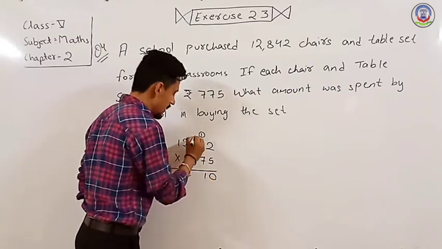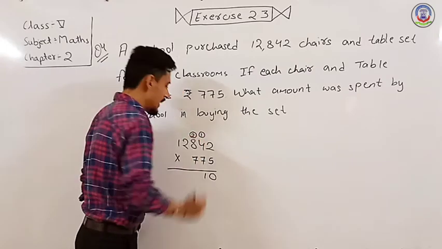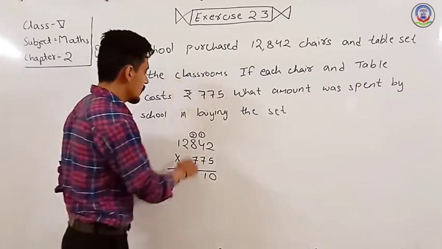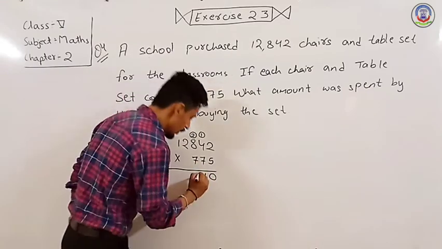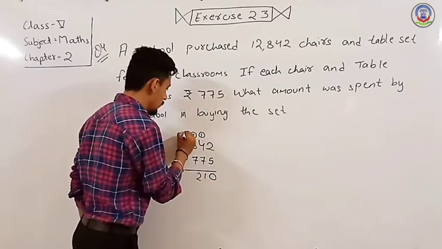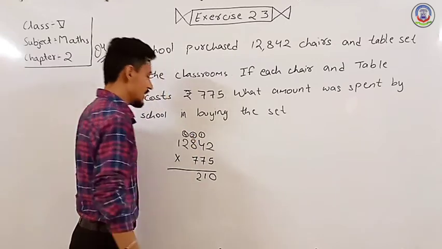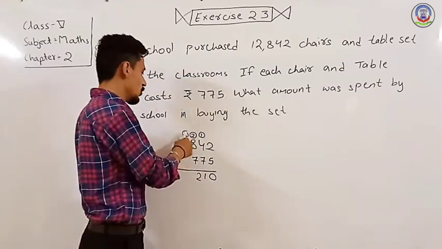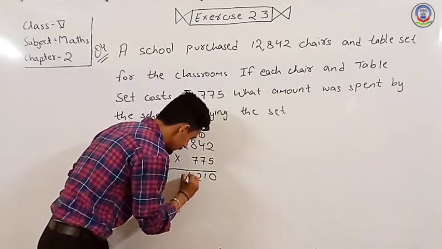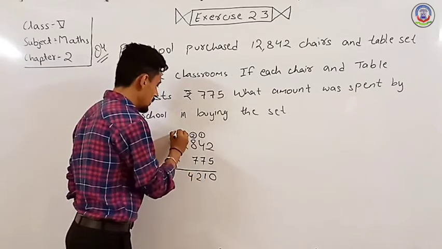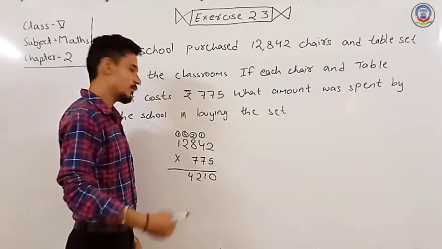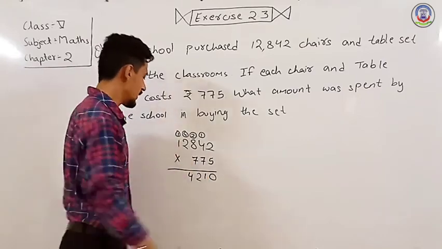So we write 1 here and 2 goes to carry. Next we have 5 multiply 8, it is 40. 40 plus 2, it is 42. So we write 2 here and 4 goes to carry. Next we have 5 multiply 2, it is 10. When we add 4 to it, it is 14. So 4 here and 1 here. Next we have 5 multiply 1, it is 5. And when we add 1, it is 6.